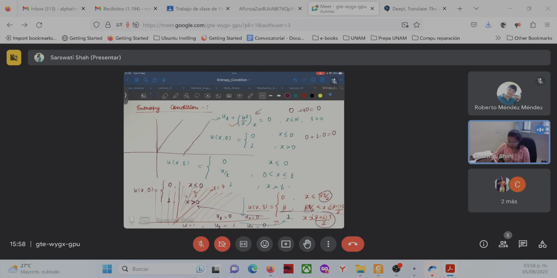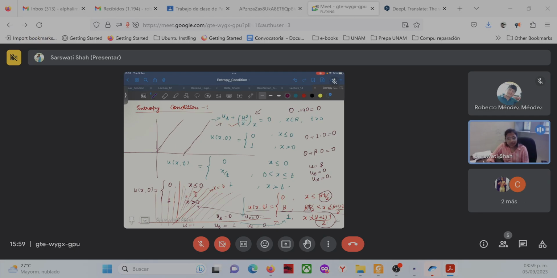So u is beta, it means u_t is a constant 0 and u_x is also 0. So the solution will be 0 plus u, that is beta, times 0 equals 0. Again it is satisfied. It means this solution is satisfying your equation for all the range, and this solution is also giving you the initial data at t equals to 0.